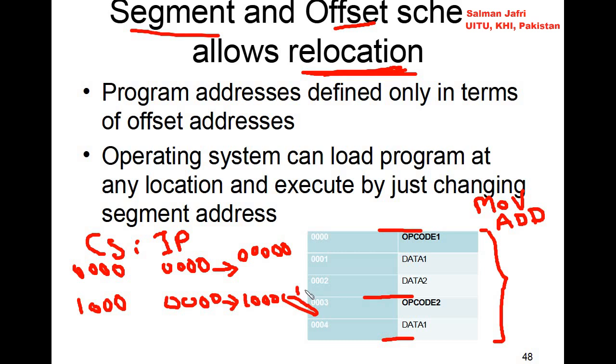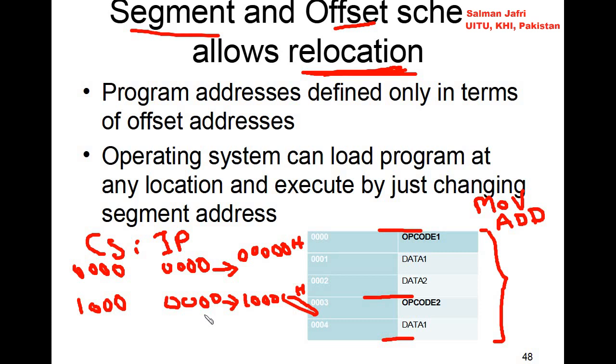Sorry, these are all hex values. So the physical address for the first case is 00000H, and the physical address for the second case has changed because the segment address has changed. So moral of the story, if the segment address changes, the physical address changes, even if the offset address remains the same. This is the main idea and the main point.